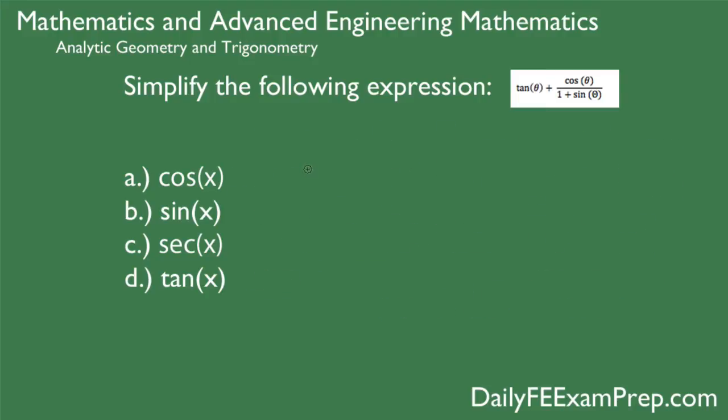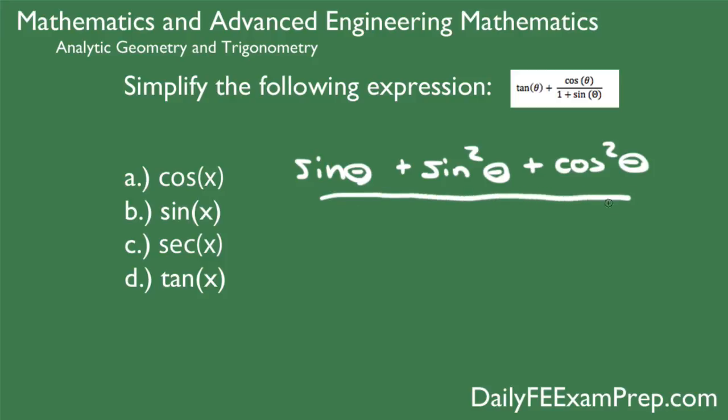If we continue multiplying that out, we get a simplified expression of sine theta plus sine squared theta plus cosine squared theta, all over cosine theta times 1 plus sine theta. All I did was multiply the entire expression out from the previous slide.